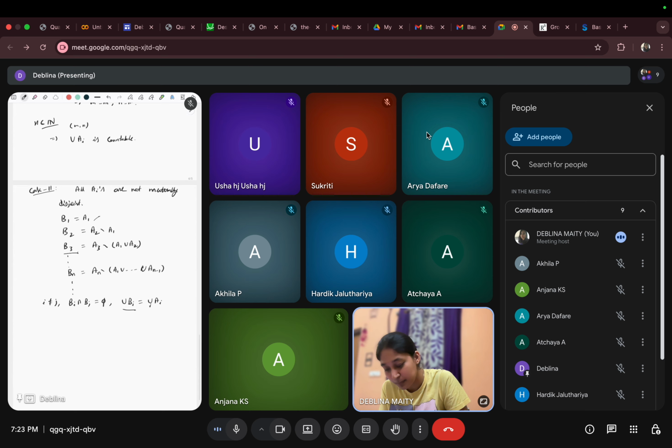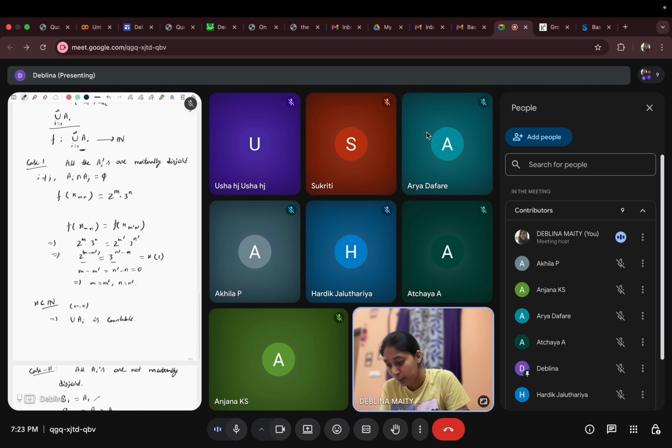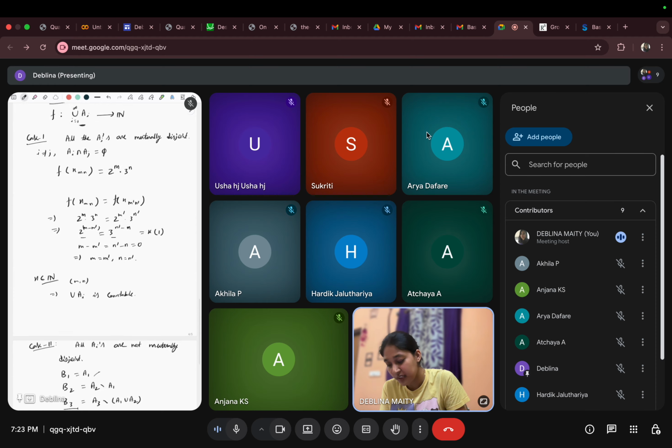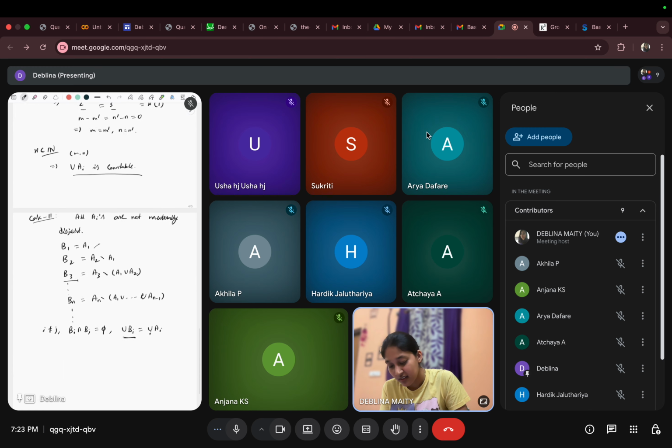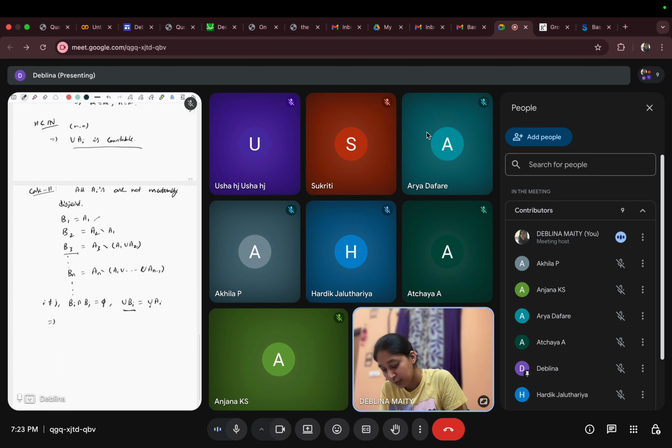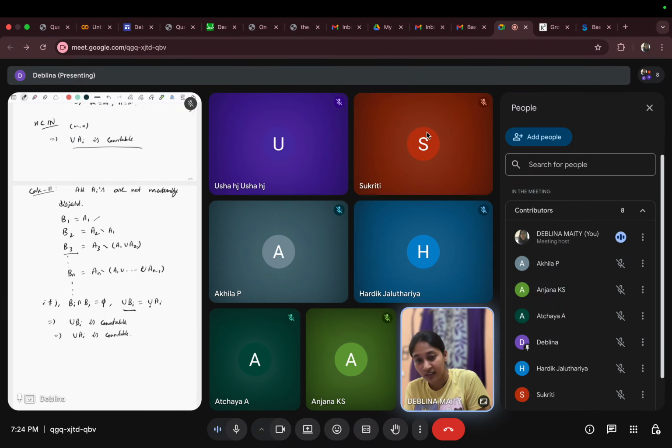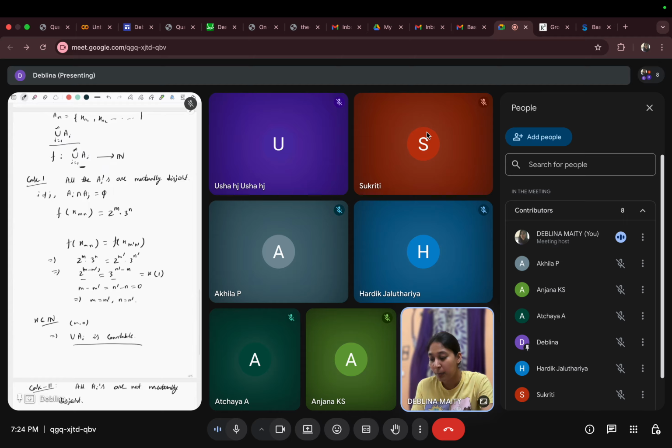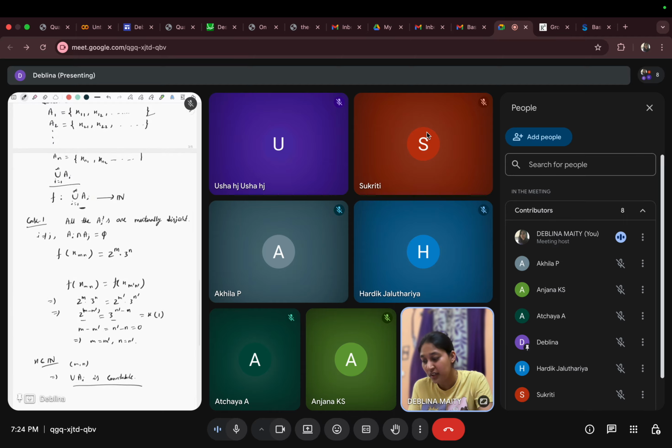And since these BIs are mutually disjoint, and from case 1 we have proved that union of BI is countable, this will imply union of AI is also countable. So countable union of countable sets is going to be countable.